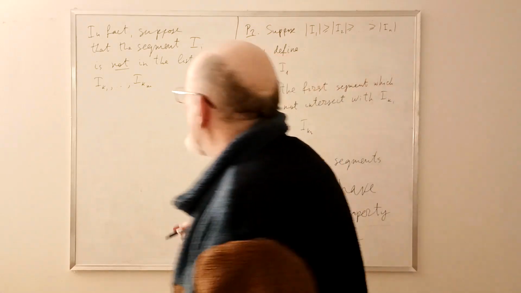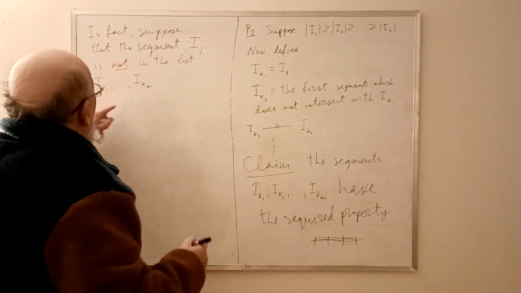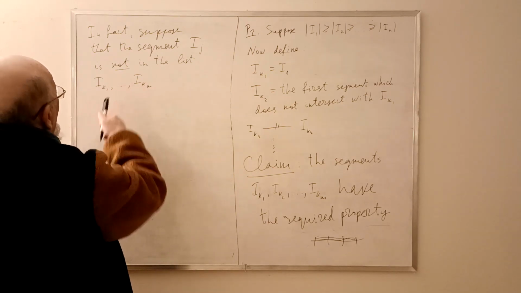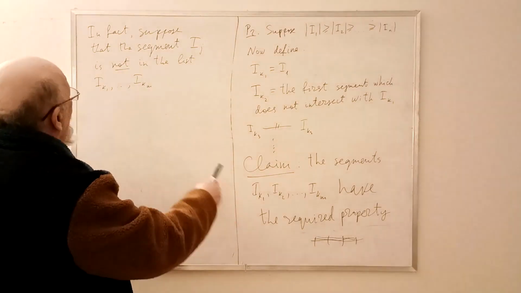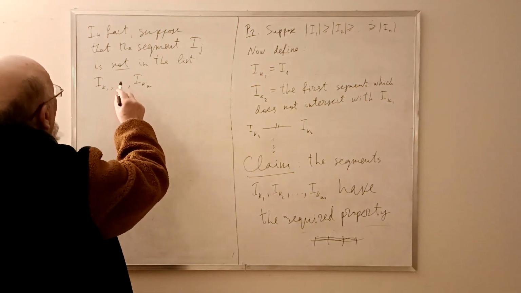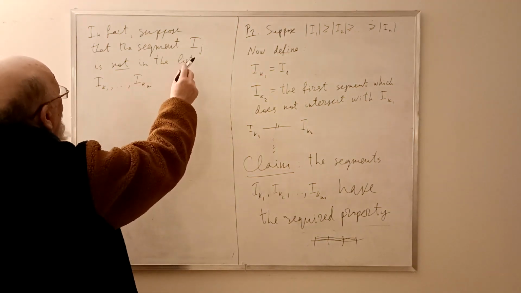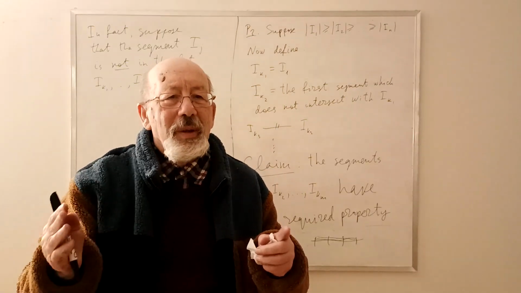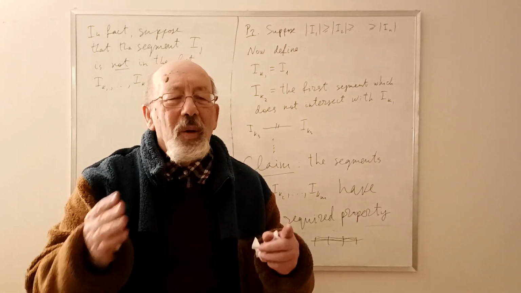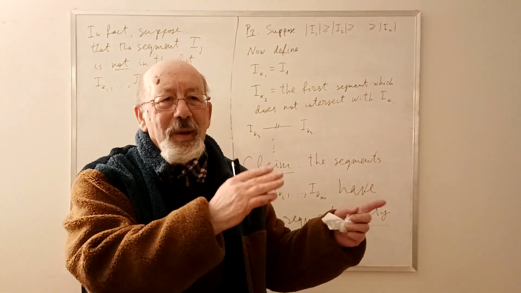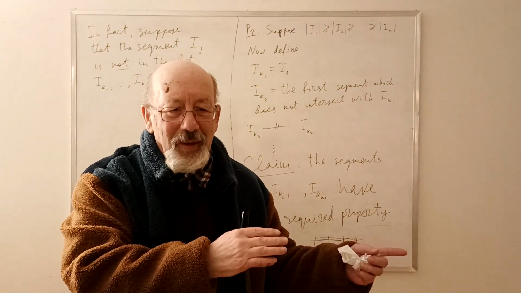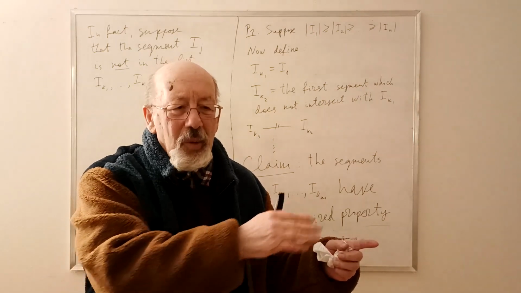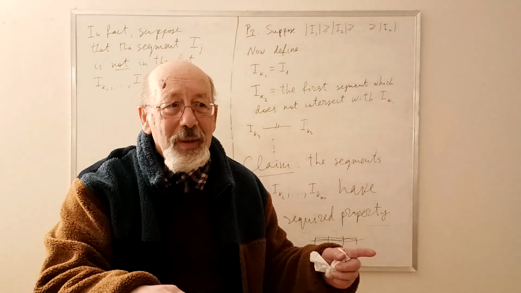It is because we choose segments by this rule: if Ij had no intersection with previously chosen segments, we would choose it.